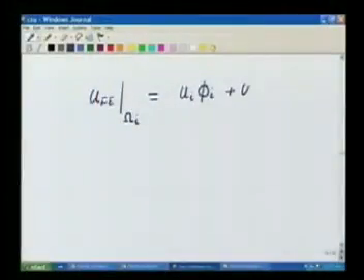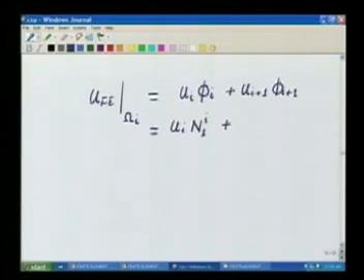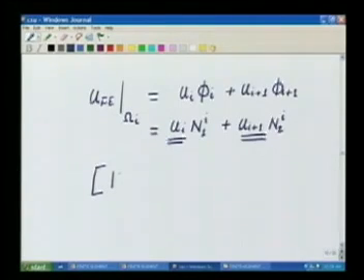It will be equal to ui phi I plus ui plus 1 phi I plus 1, which can be rewritten in terms of the element shape functions as ui n1 of I plus ui plus 1 n2 of I. And as we will see later on, the equations from the element corresponding to these unknown coefficients ui and ui plus 1 can be obtained through the finite element formulation, and what we will end up getting at the element level are a matrix Ki and a so-called load vector Fi.